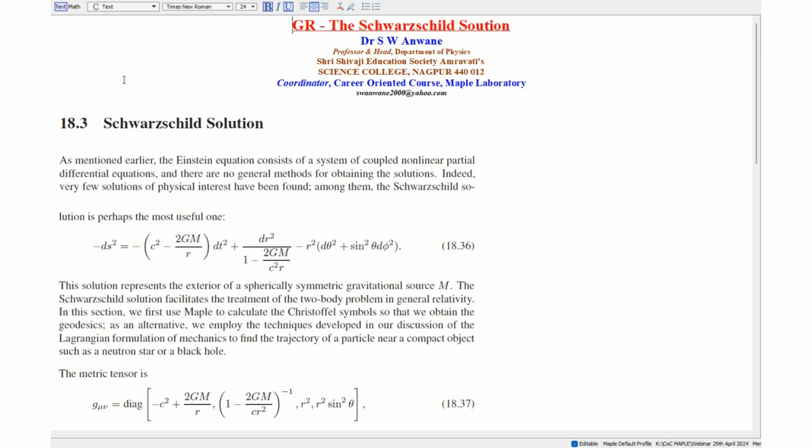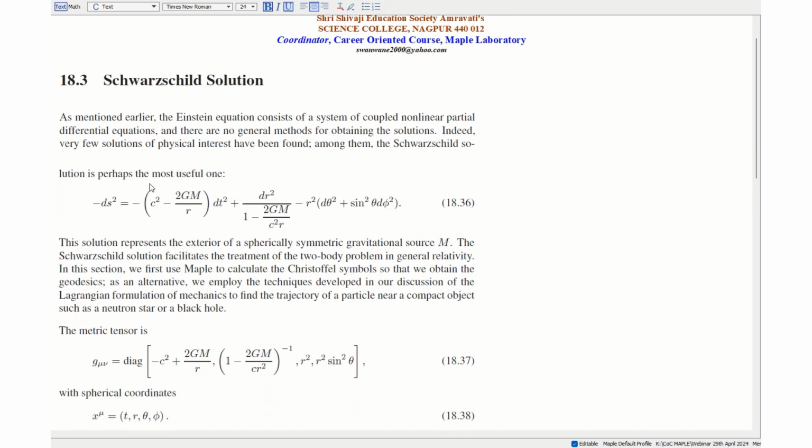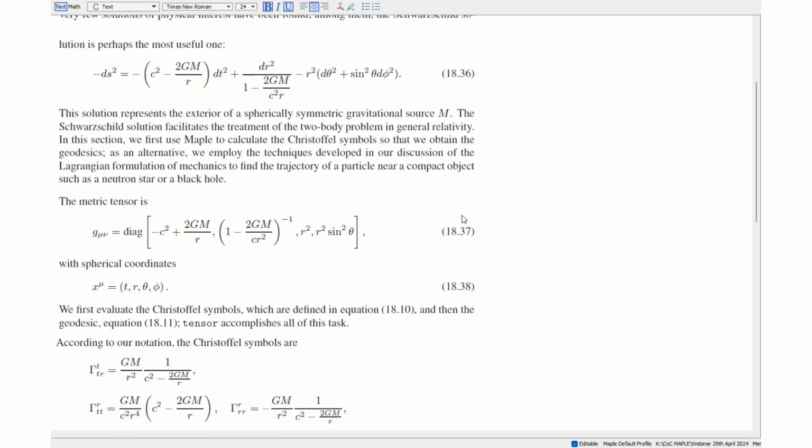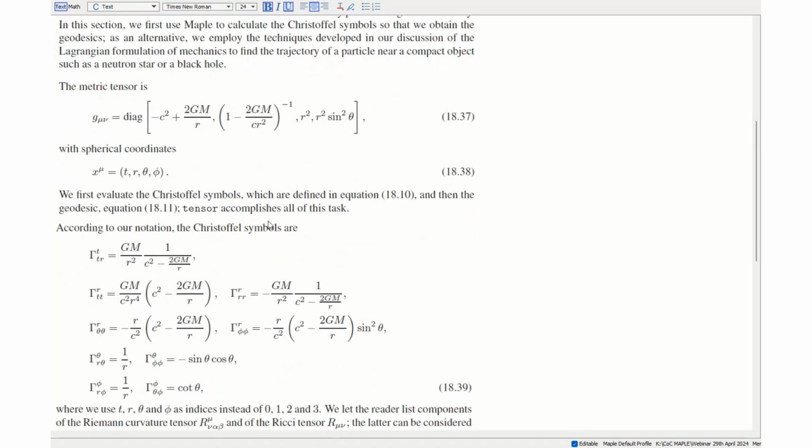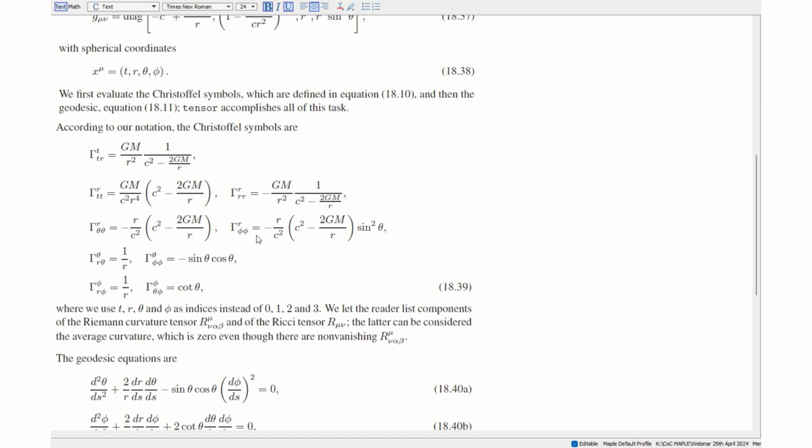the Schwarzschild solution. For the Schwarzschild solution, I have picked up something from the book by Professor Frank Wang, and in the description link I will give you the title of the book. So here the line element is like this, 18.36, and we can find the Christoffel symbol using Maple.